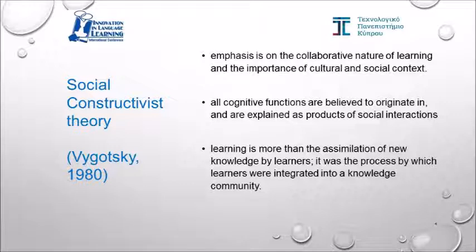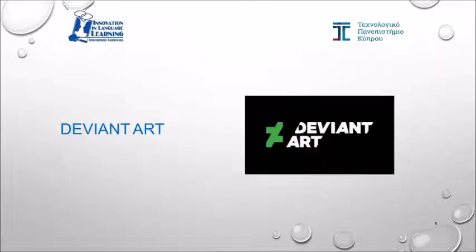So as a social practice, it becomes more interactive and practical. And learning is more than just the assimilation of new knowledge by learners. Learners do more than just understand plain information. It's the process by which learners are integrated into a knowledge community, so they become more social and active members.